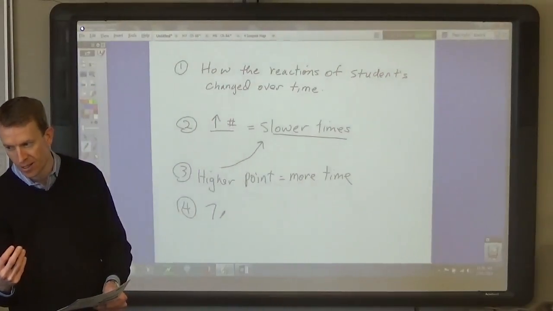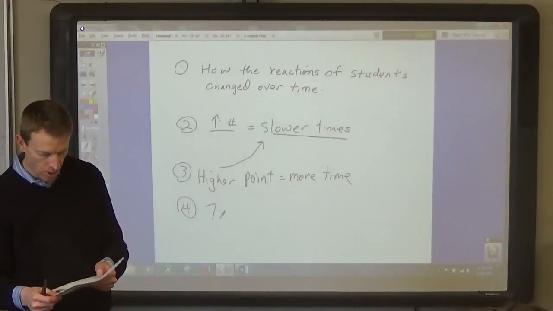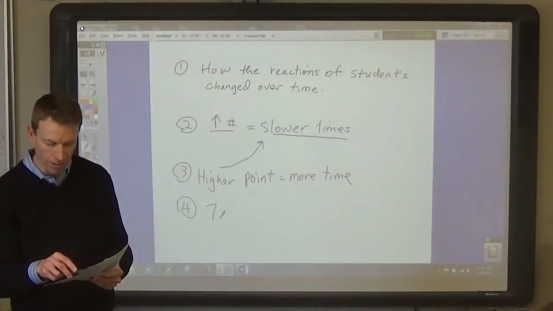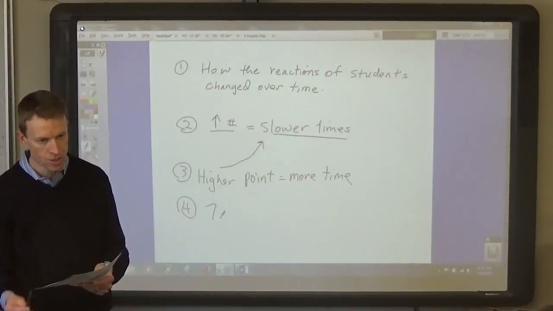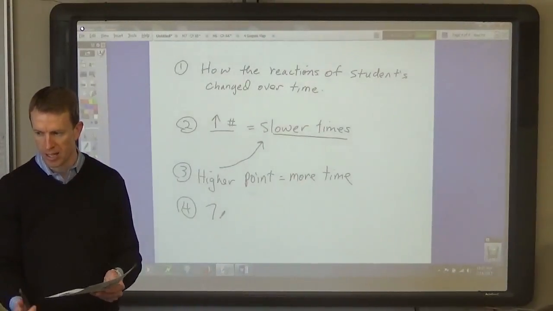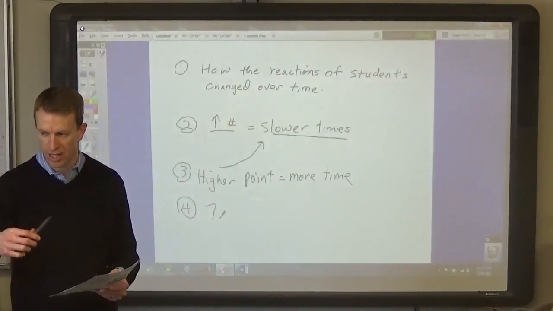Now, let's look at the question again. Between what hours does the graph increase? Not when the reaction times are better, but when the reaction times start to get worse.